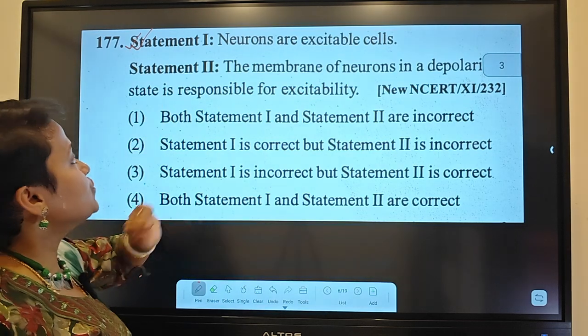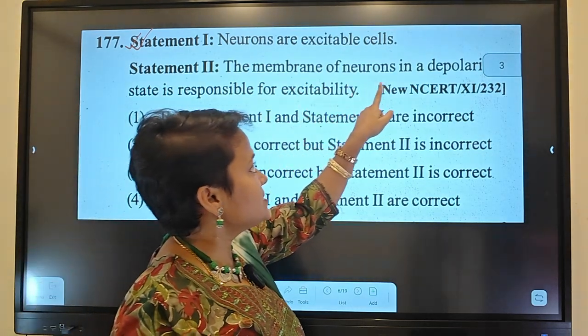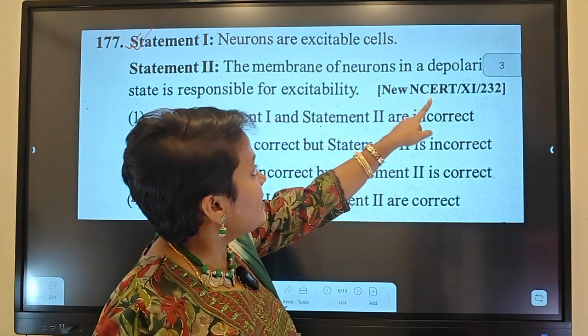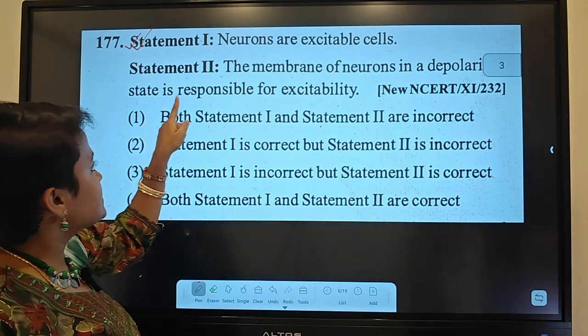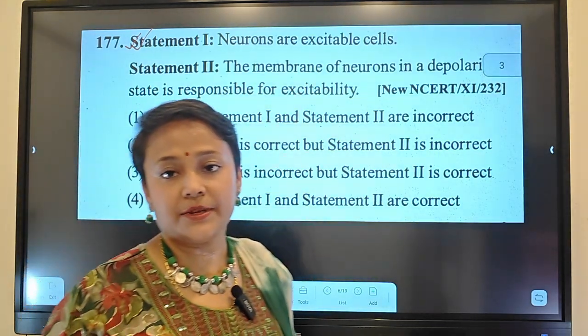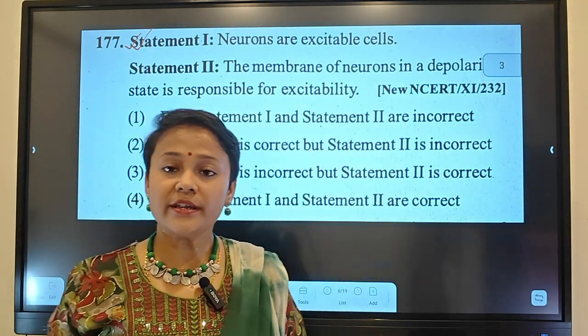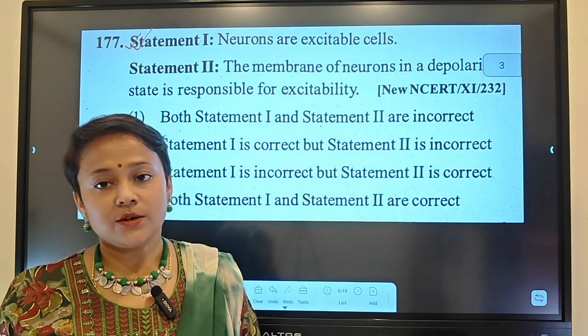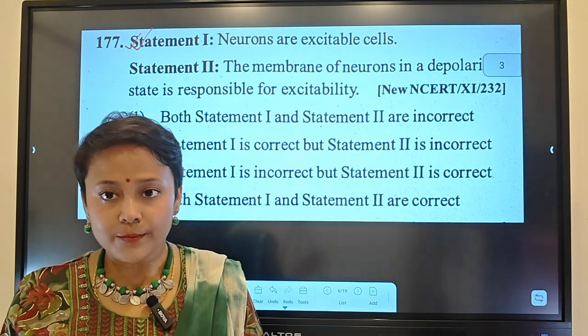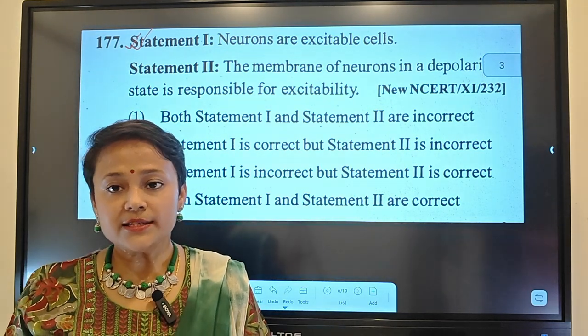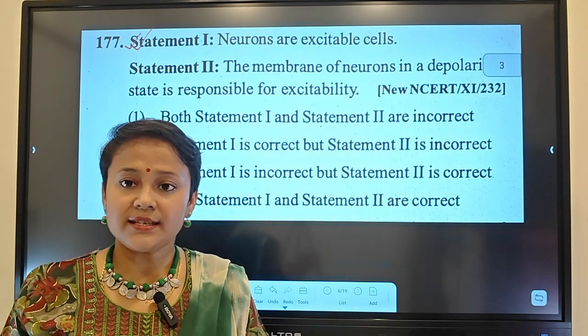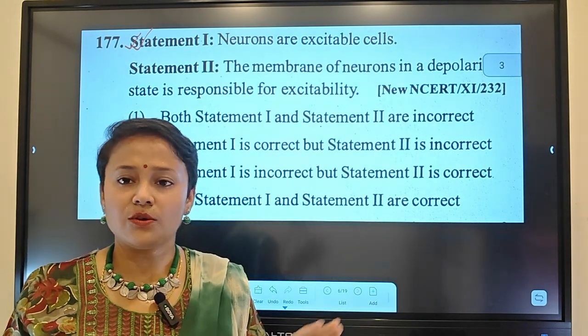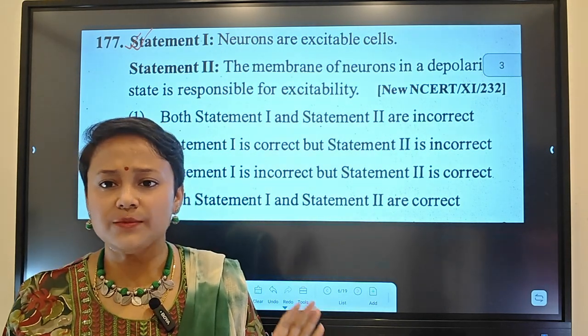Coming to statement 2, the membrane of neurons being in a depolarized state is responsible for excitability. During the normal state, when there is no nerve impulse generation, the membrane is polarized, meaning there is a resting membrane potential of almost minus 70 millivolt.